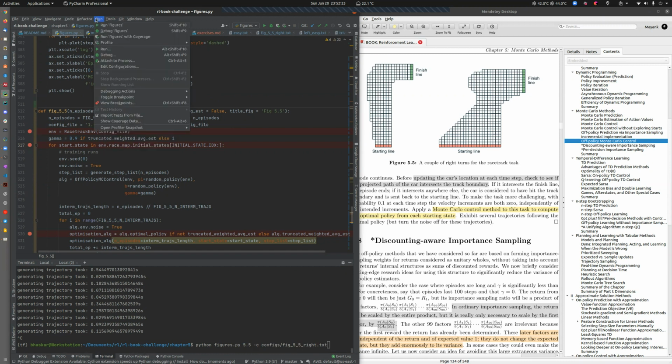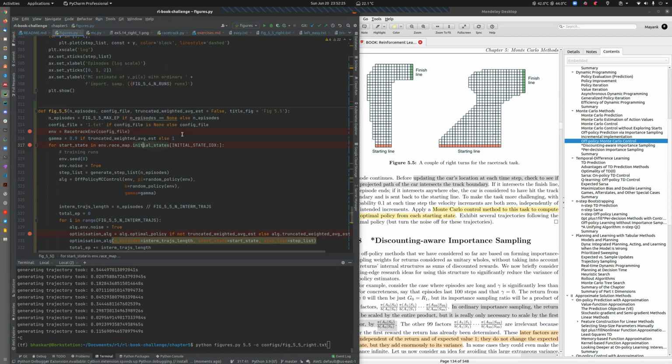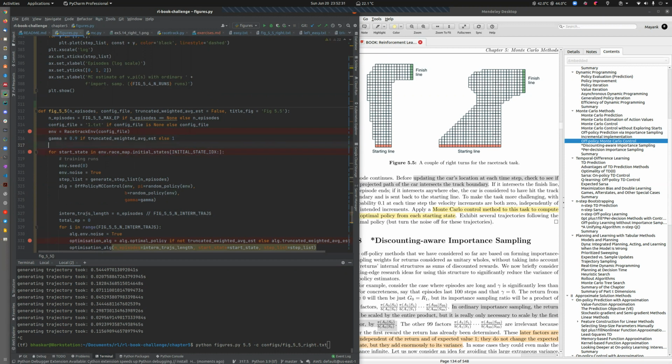Or I can simply try to print it, that's much simpler. Number of initial states with respect to the race map environment that we are trying to select.